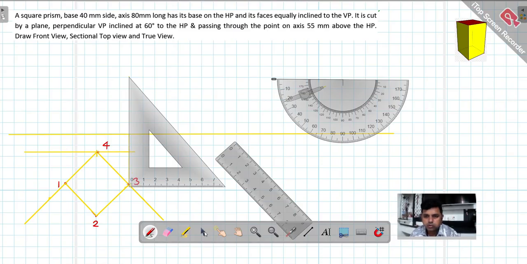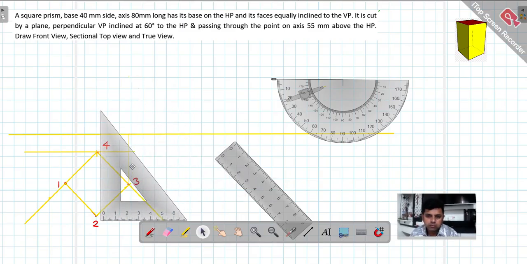Now, these 2 and 4 points are nothing but the inline points. In the drawing, it should be inline. It is something different, a small error of 1 mm. I'll project it till this axis.